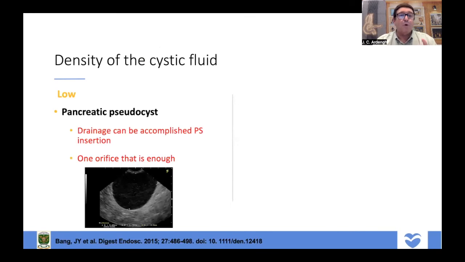Another important point is the density of the cystic fluid, which can be classified by EUS as low, observed in patients with pancreatic pseudocysts, where the situation can be resolved by placement of plastic stents, and only one orifice is enough to treat this patient.